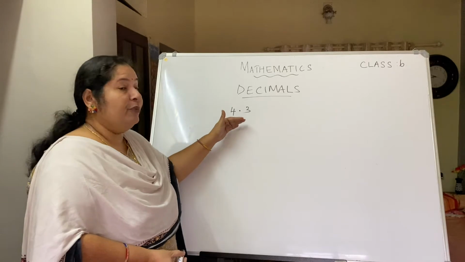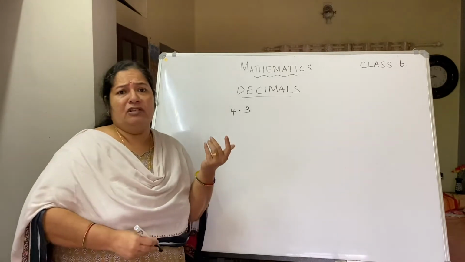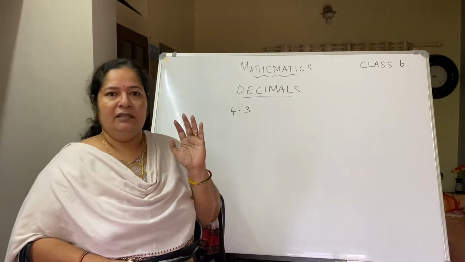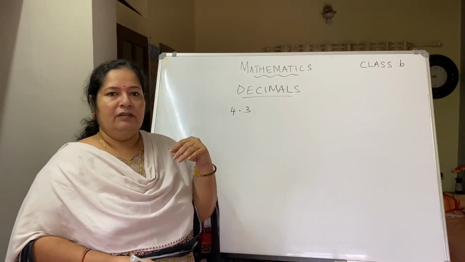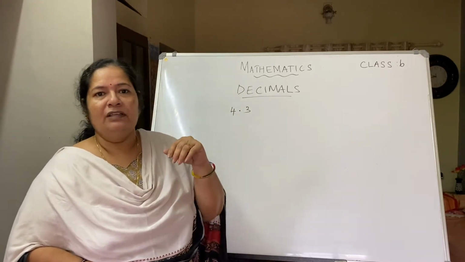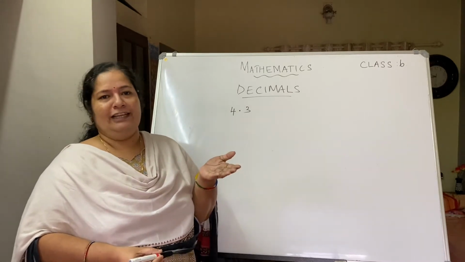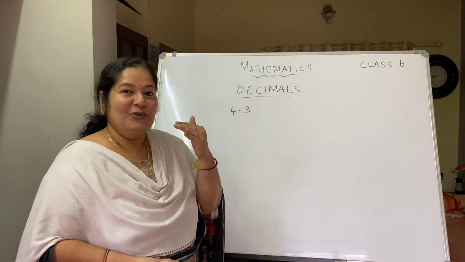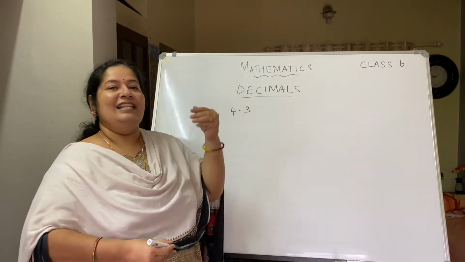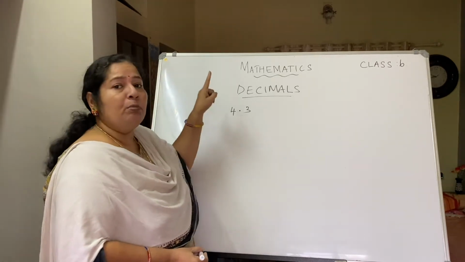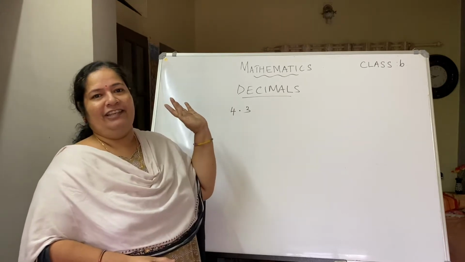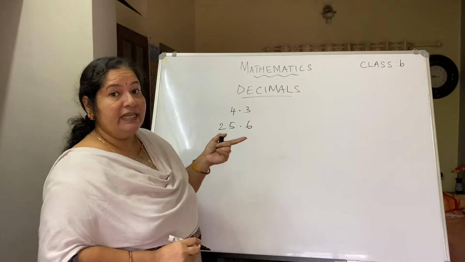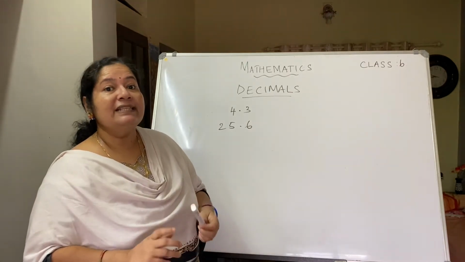Now how are we going to read this? It is not possible for us to always say 4 dot 3, or 25 dot 3, nor will we say 4 decimal point 3. So we cut it short and read this as 4.3, or this will be read as 25.6.